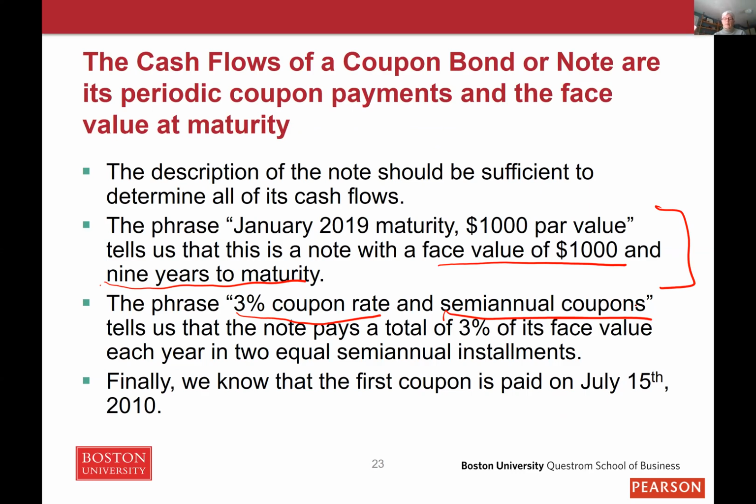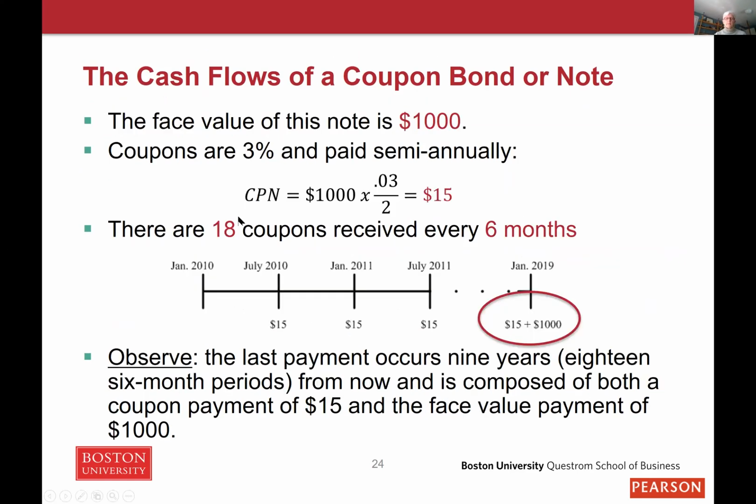That's where you get the information that it's going to be 3% of its face value, and there's 2 per year. So we're going to take 30, divide it by 2, and the individual payments are going to be $15 each. And then finally, because it's every 6 months, if now is January, July 15th is 6 months from January 15th. So this will be our timeline.